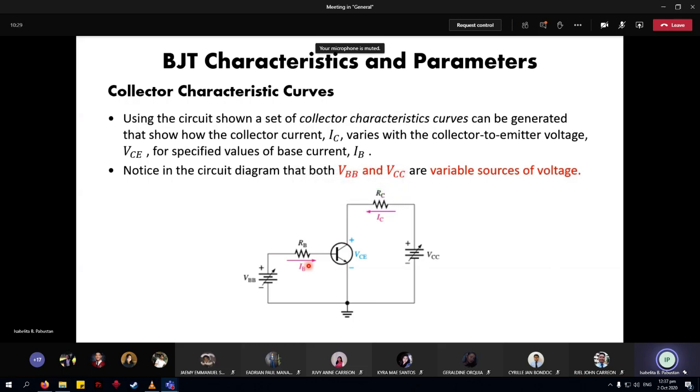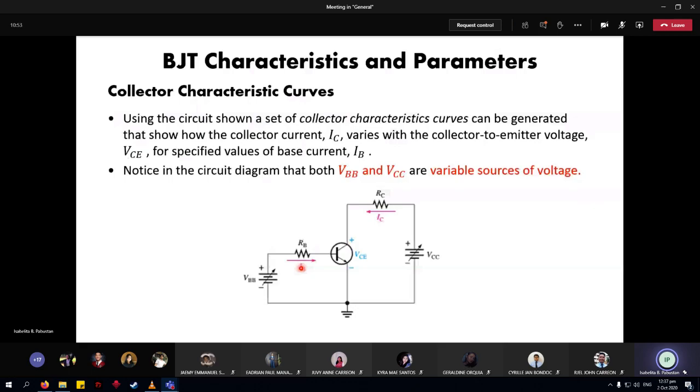Now, how are you going to vary the IB? Pwedeng you increase, let's say for example, you want to increase the value of IB. How are you going to increase this? Pwedeng using a variable resistor, like you are going to decrease the value of the resistor so that the current will increase.